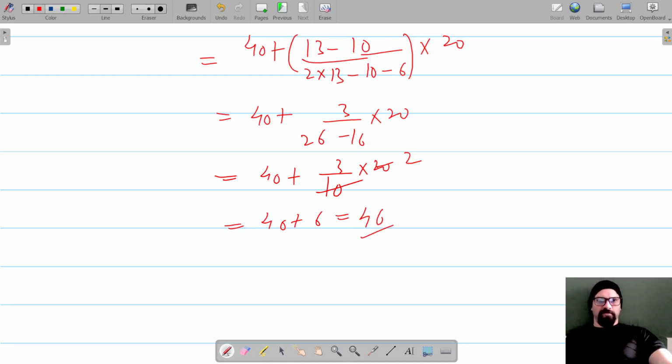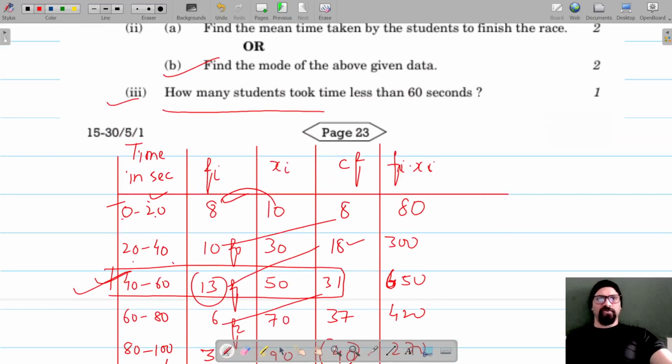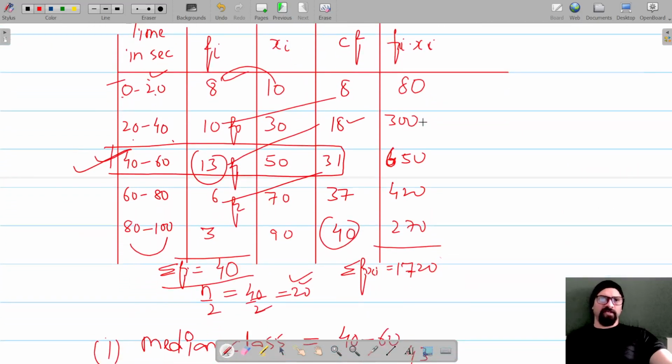Okay, now moving on to the next question, that is part 3. It's asked in part 3, how many students took time less than 60 seconds.